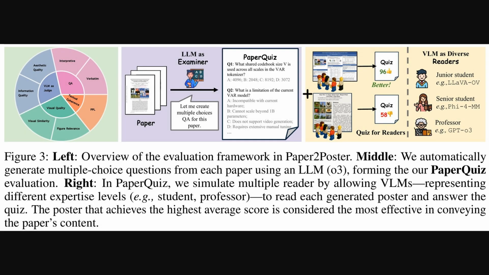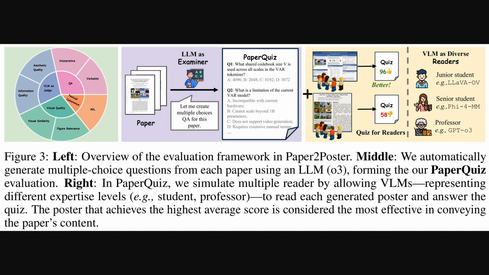Alright, so building on that evaluation framework we just saw, figure 3 here really unpacks the Paper2Poster evaluation process in more detail. On the left, it shows a kind of circular diagram outlining the different facets of evaluation. Things like aesthetic quality, information quality, and visual similarity. It also mentions using a vision language model, or VLM, as a judge.